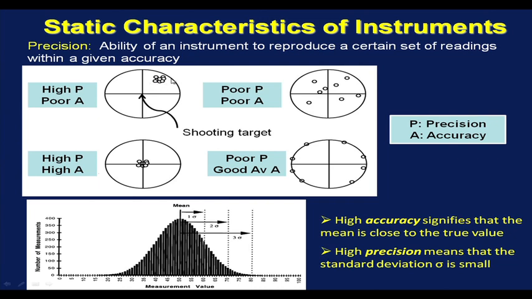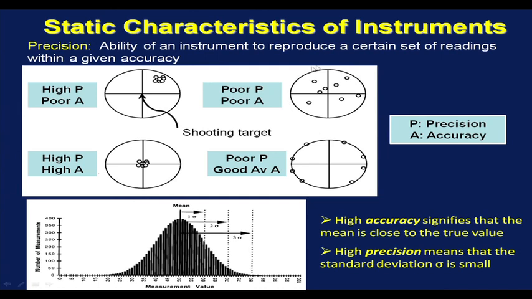So, there is ability to reproduce, but accuracy is very poor because the person could not even hit the target once. So, it is not necessary that an instrument that is highly precise will also be highly accurate.